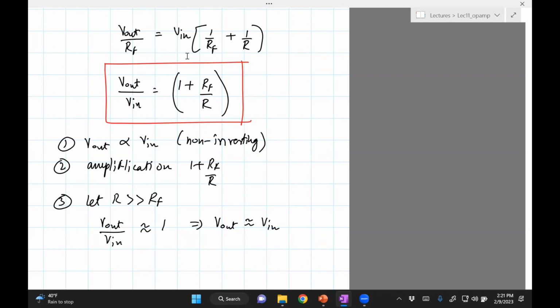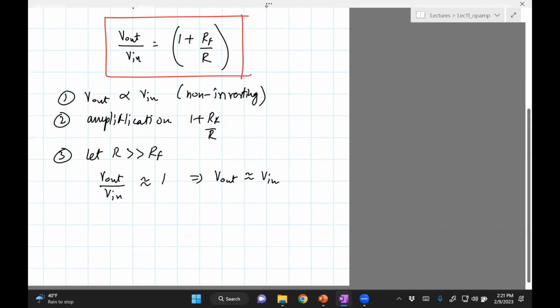So in this configuration, it's basically called a buffer or a follower. That is, the output follows the input, and that's why it's called a follower.